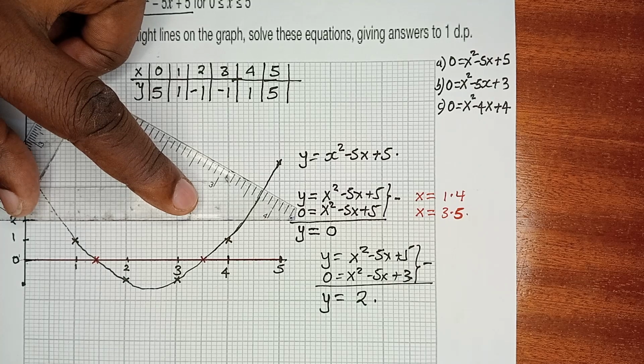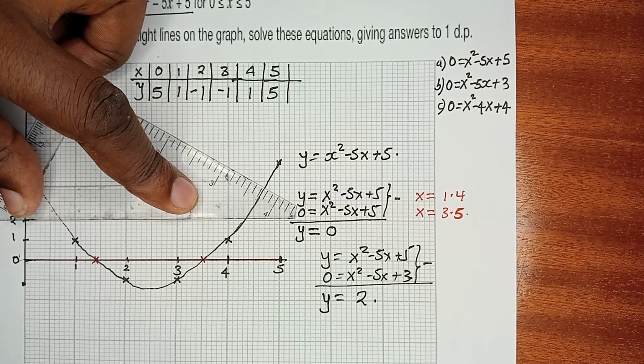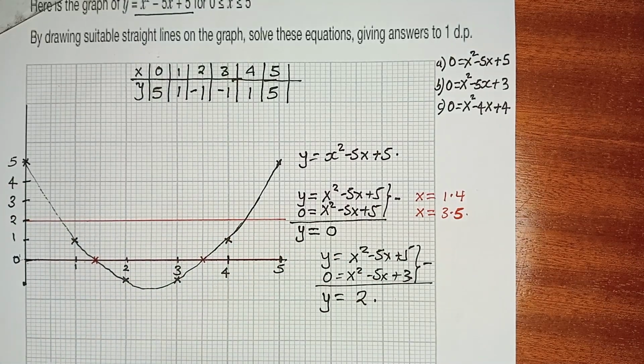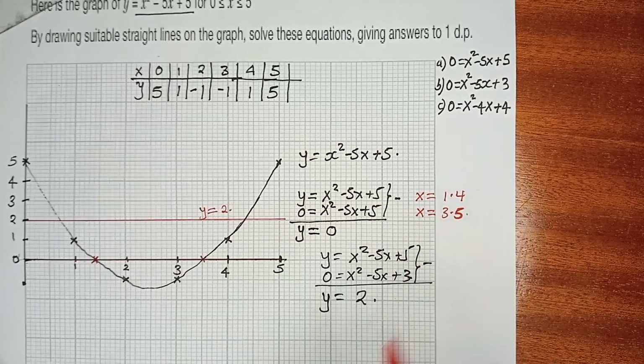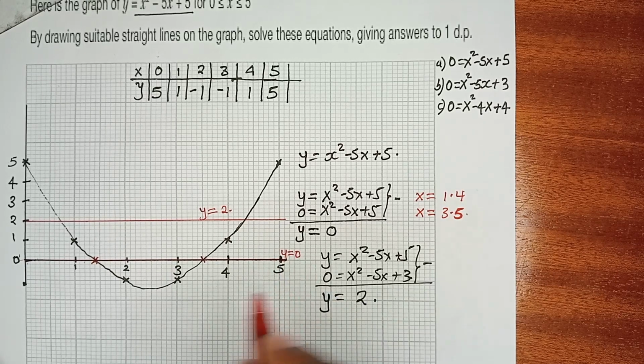After we draw the graph, we then identify the point of intersection. This is the line y is equals to 2, and we can already name it. This is y is equals to 2. We forgot to name this line, which is y is equals to 0, or rather the x-axis.